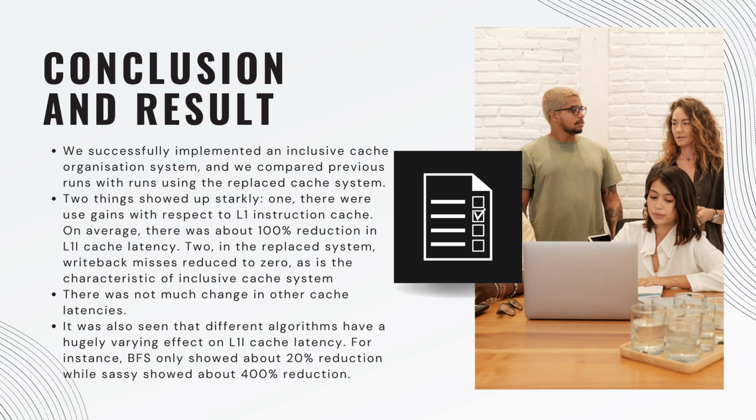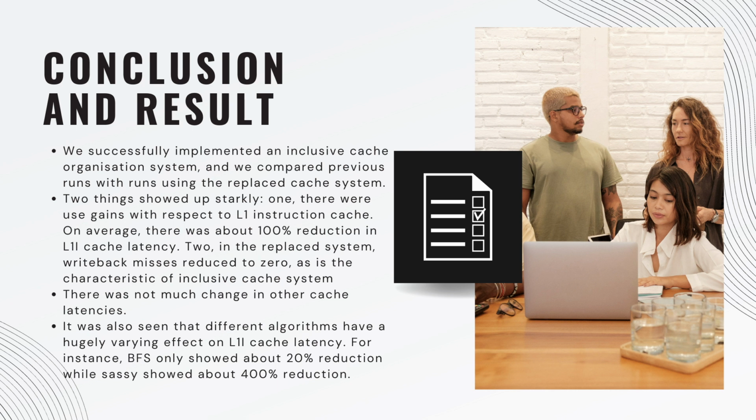Something which is present in the higher-level cache will always be present in the lower-level cache as well. So these are the two things, and there were no significant changes in the data caches like L1D, L2C and LLC. What we believe, though, is that using an exclusive cache could help reduce the latency for that part.